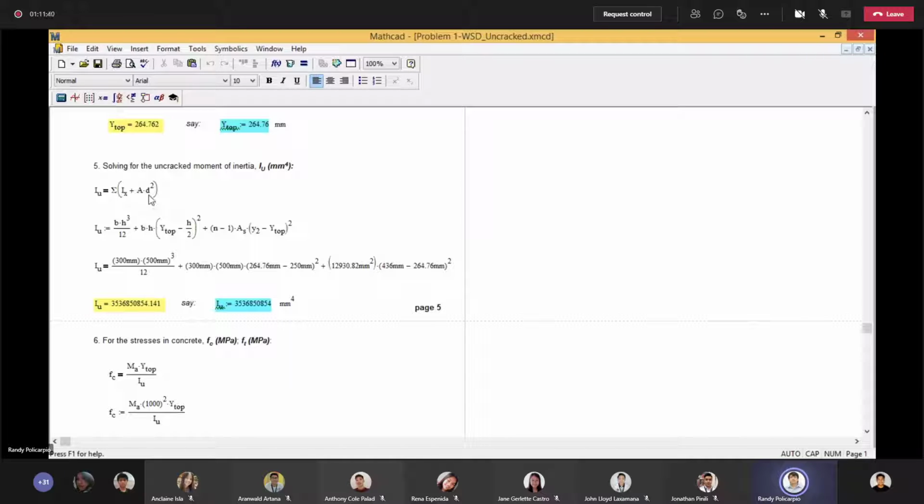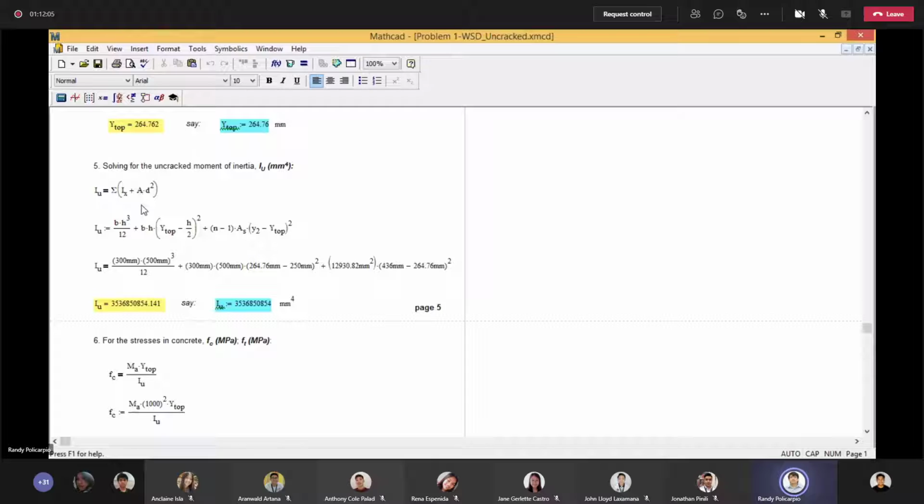So D represents the distance of the location of the centroid of the concrete up to the neutral axis, and that can be computed using this formula, Y top minus H over 2, no? So just trace in the figure what we call D1.